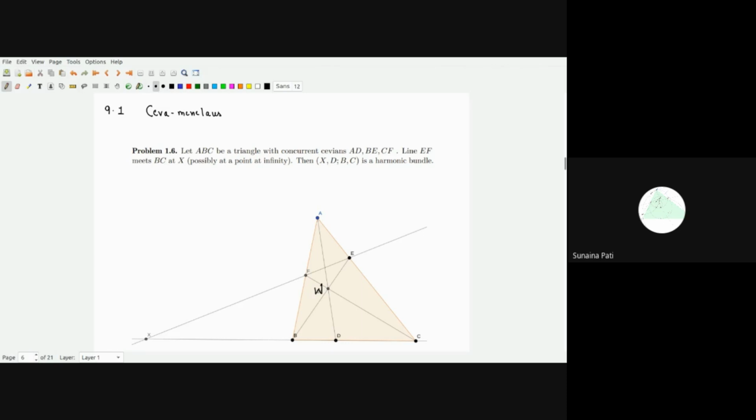You have to think about how you're going to use Menelaus. You obviously have to involve X, because point X is not involved in Ceva. So it's either going to be the collinear points X, F, E, or it's going to be X, D, C, or X... I don't know. Let me think.